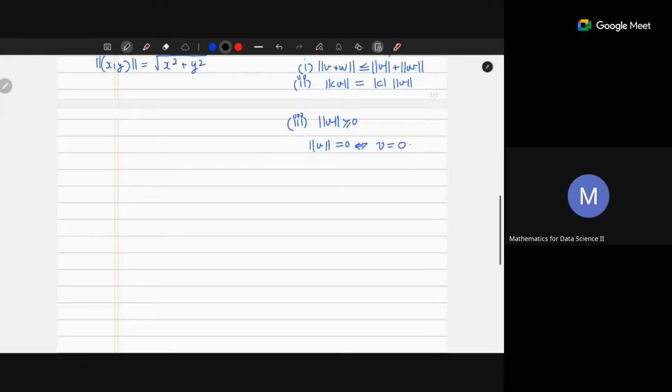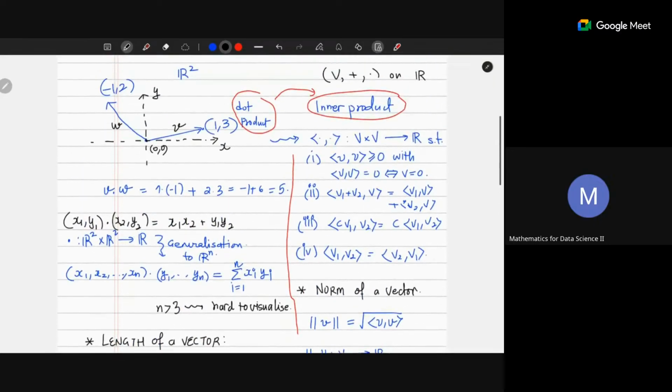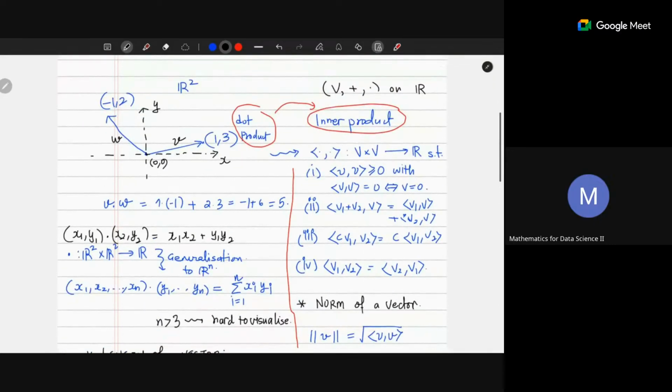We also know angle. We can also capture angle in Euclidean spaces. So in particular, for example, for V and W, there is an angle between V and W, called theta. Now I can find this angle in terms of the dot product and the length of the vectors.